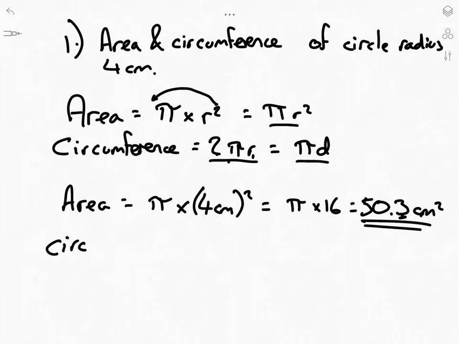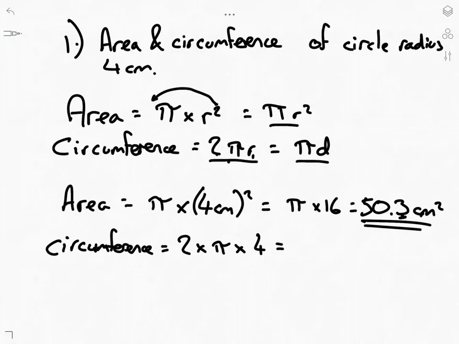So now the circumference equals 2 pi r. So let's just do that one because we know what the radius is already. So 2 times pi times the radius, which is 4. So again, you can just type that in your calculator.